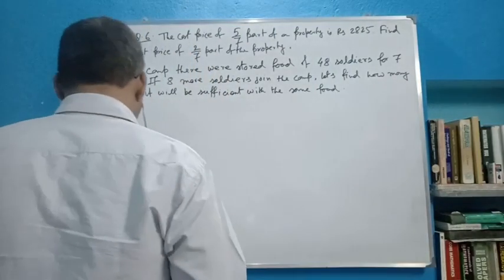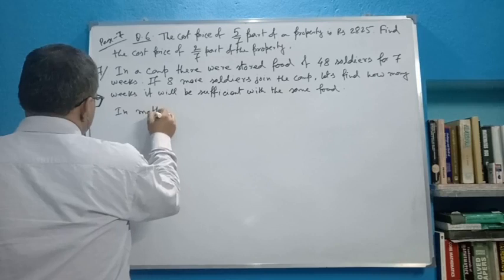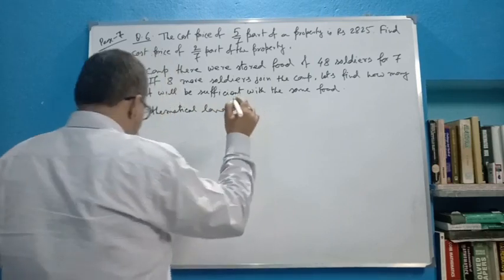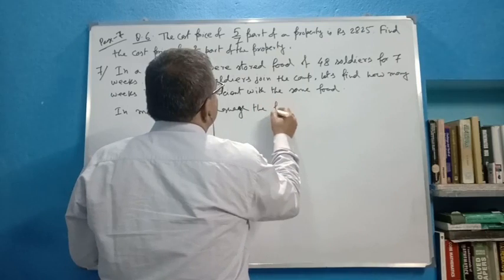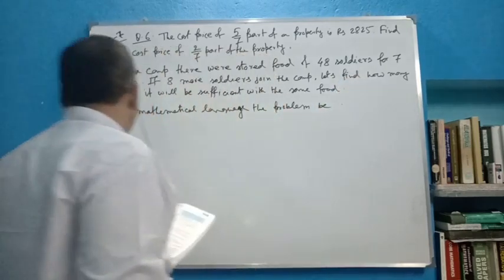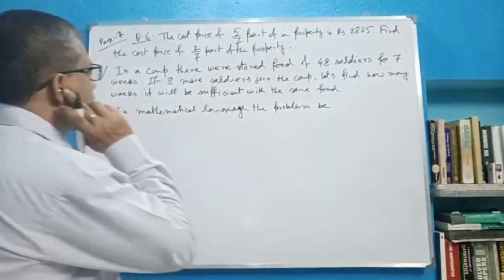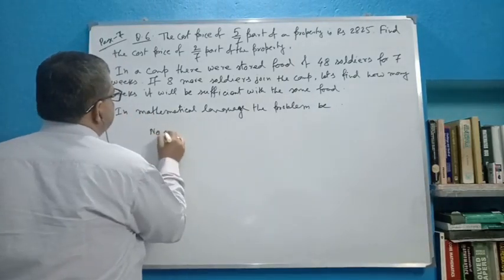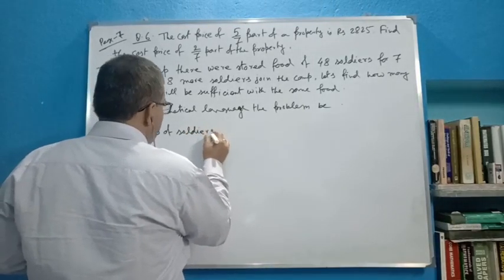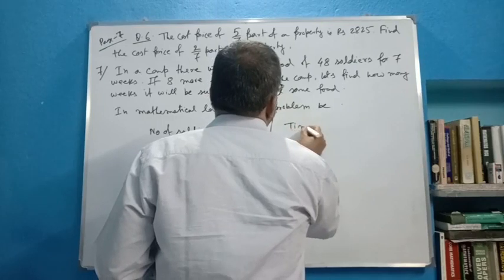If we use rule of 3, then in mathematical language the problem will be: number of soldiers and time in weeks.